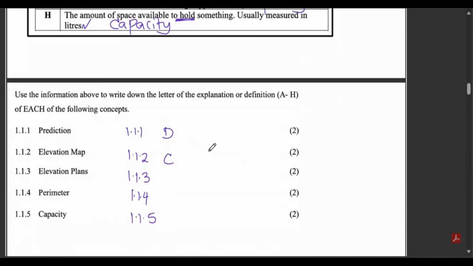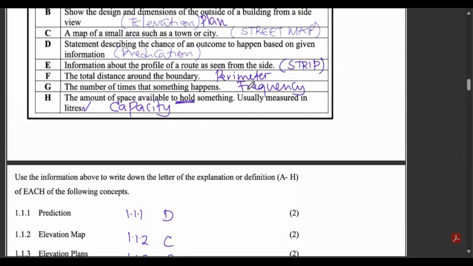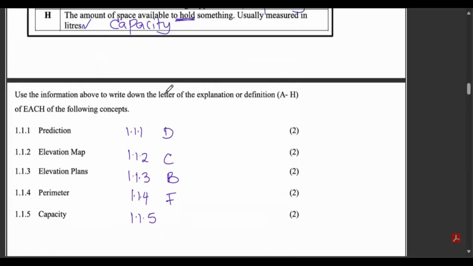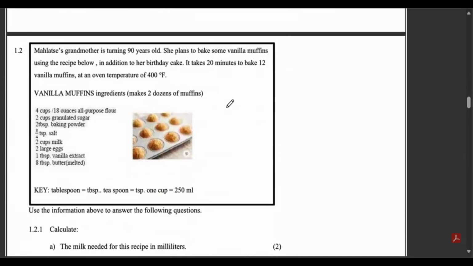So it's B. The floor plan is from above; from the side, it's an elevation. Perimeter is the boundary, which is F. And capacity is the last one, which is H. The elevation map was not clearly explained, but it's fine.